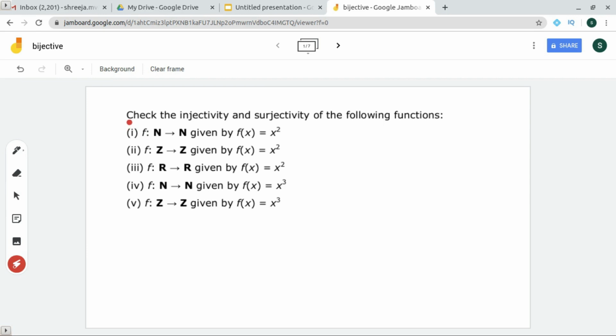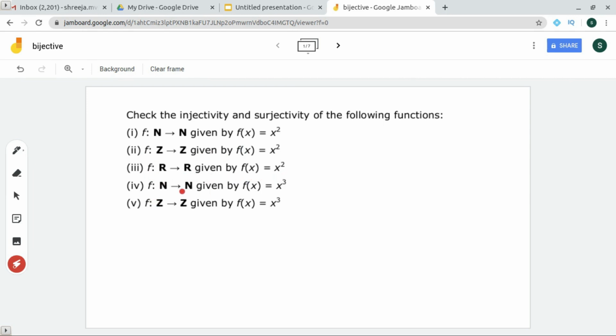Consider a problem. Check the injectivity and surjectivity of the following functions. That is, we have to check whether the function is one-one and onto. Here there are 5 problems. f from N to N given by f(x) = x². f from Z to Z given by f(x) = x². f from R to R given by f(x) = x².